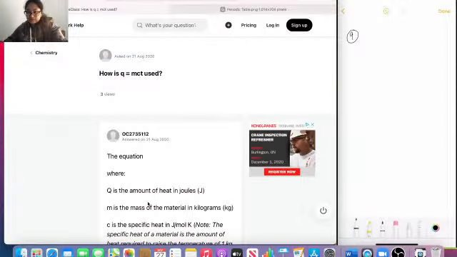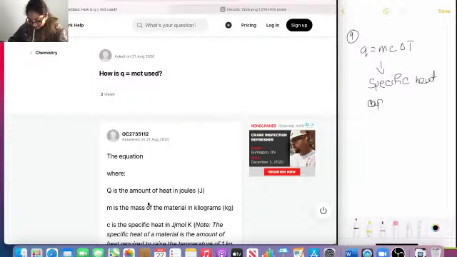Yes. Okay, so how is Q equals mCΔT used? Okay, Q equals mCΔT is used when you're trying to calculate the specific heat capacity of the substance, okay?